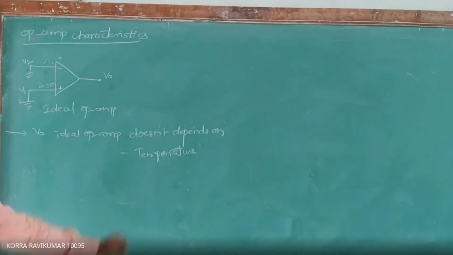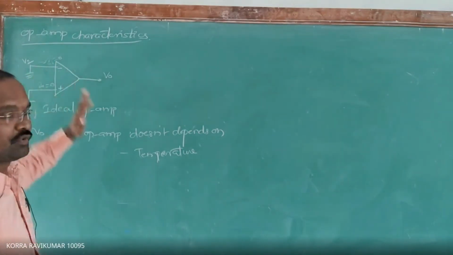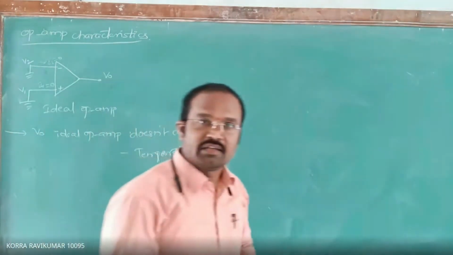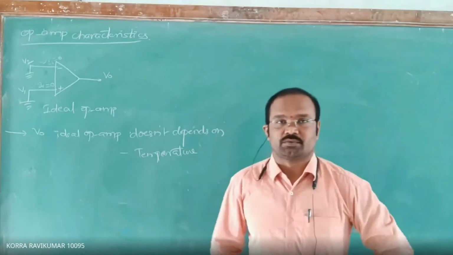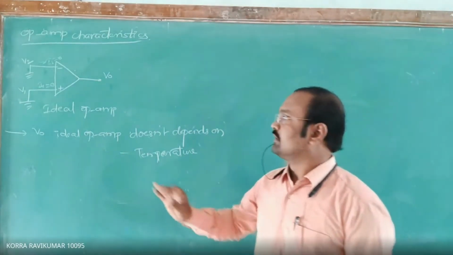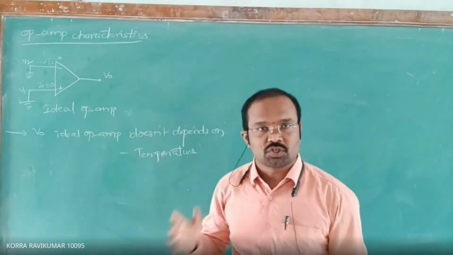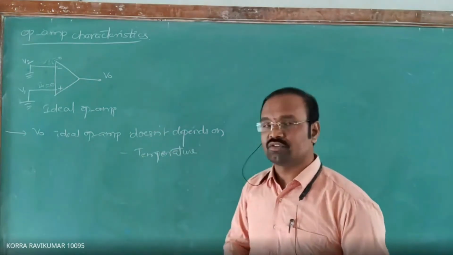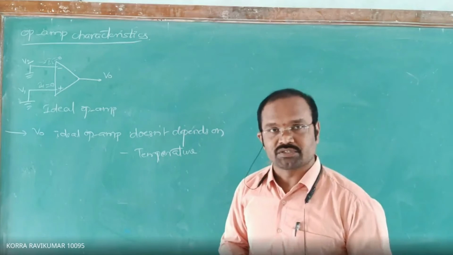It's a very important point. An ideal op-amp does not draw any input current, so its output voltage is equal to 0. And the output voltage of an ideal op-amp does not depend on the temperature.